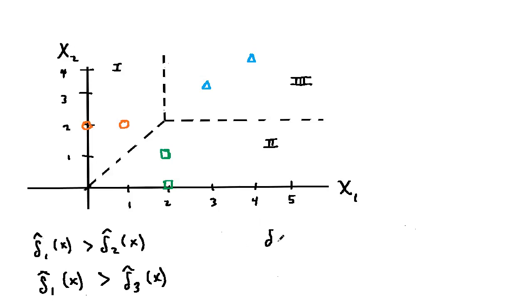Now delta 2 hat of x greater than delta 3 hat of x corresponds to the region below the line x2 equals 2, this horizontal line here. Conversely, delta 2 less than delta 3 corresponds to the region above the line x2 equals 2.